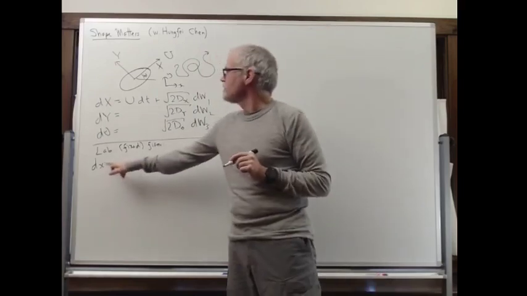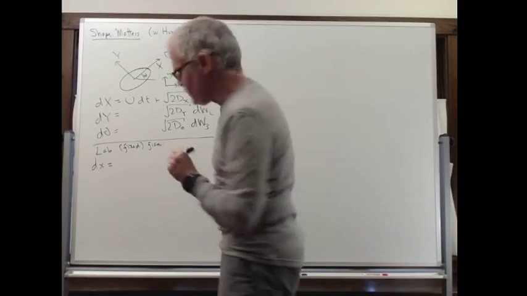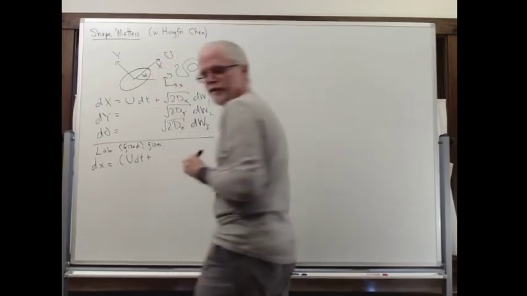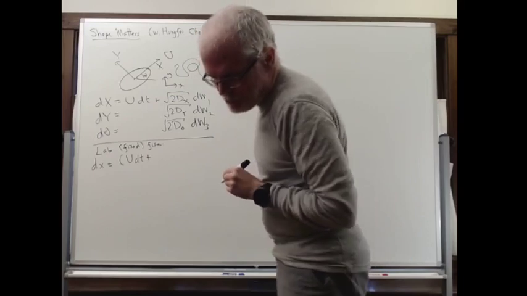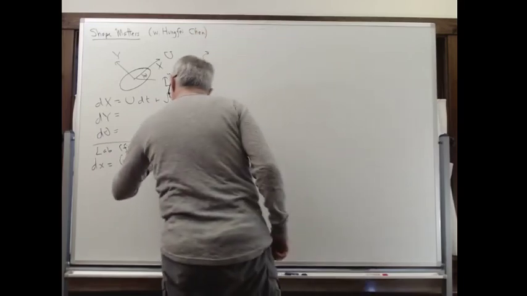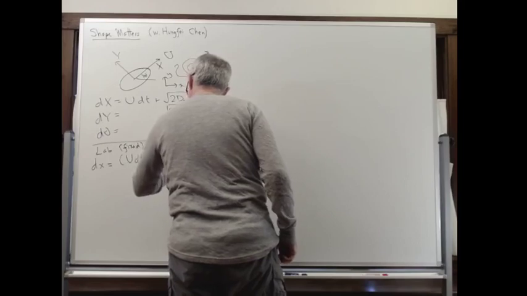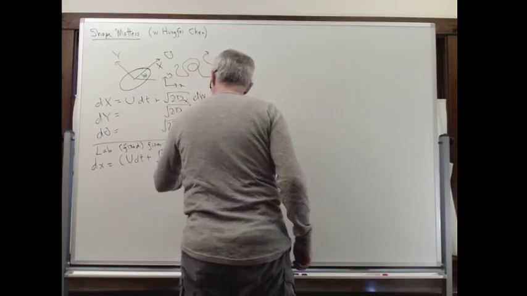For x it is u dt plus square root 2 D_x dW1 times cosine theta.